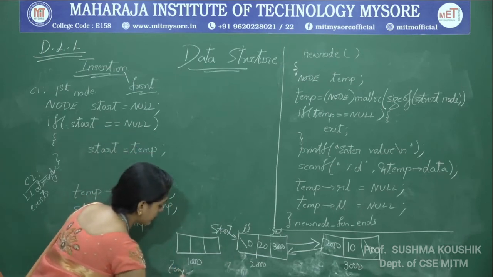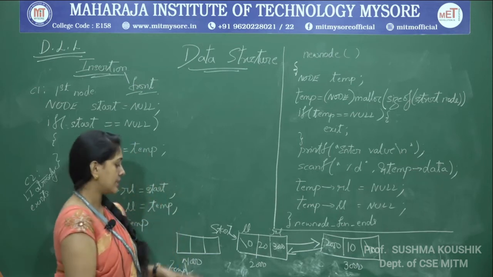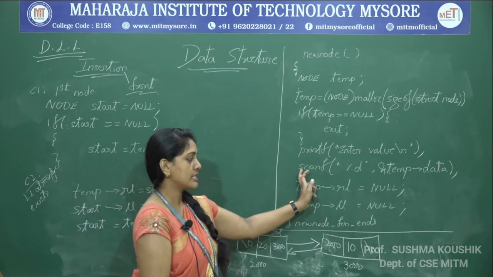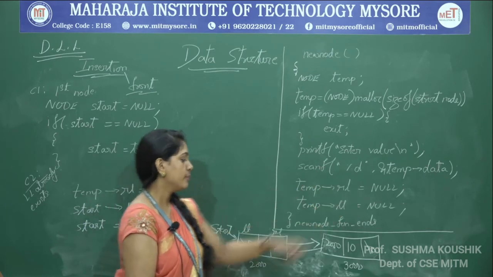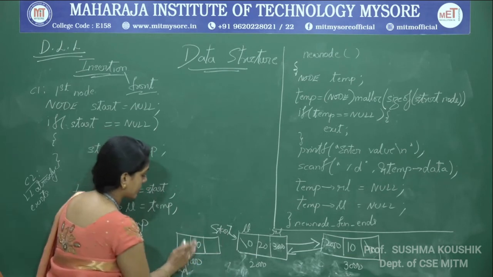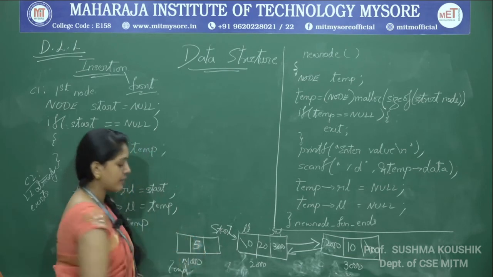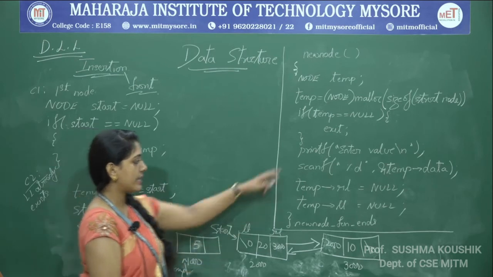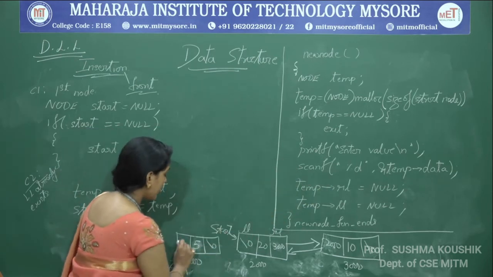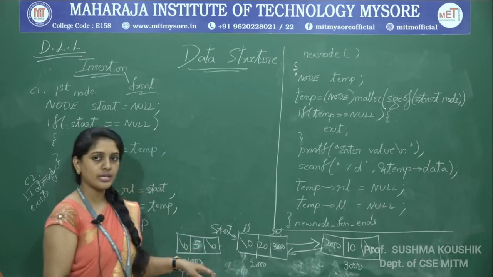Temp is pointed to a location which is 1000 now, with the sample example we have taken. Enter a value, it is entering temp of data. So we have read some value 10, I will assume okay 10 is over already, so I can just take 5, okay, 5 is read. Now temp of RL is null and temp of LL is also null.